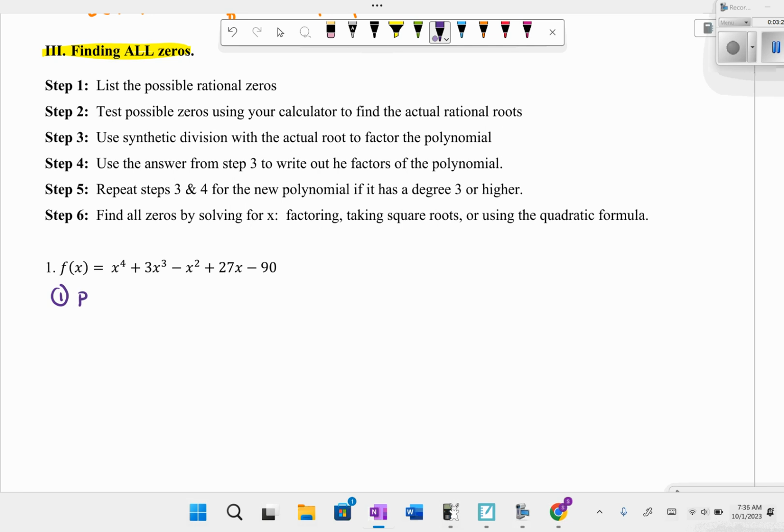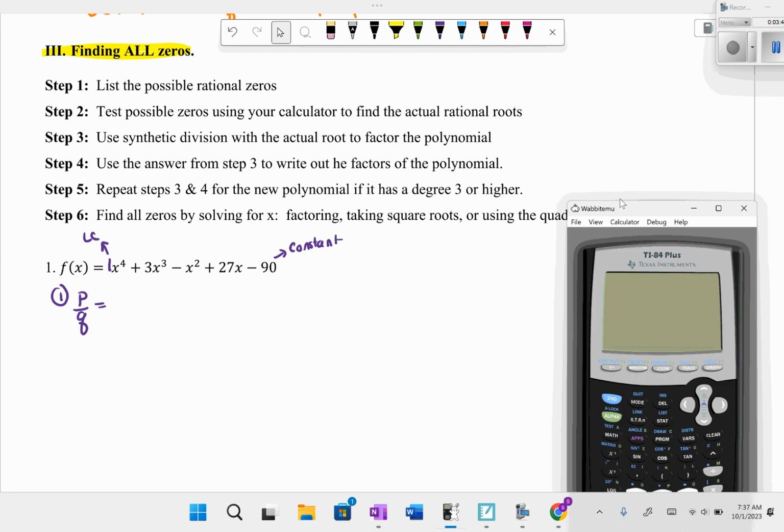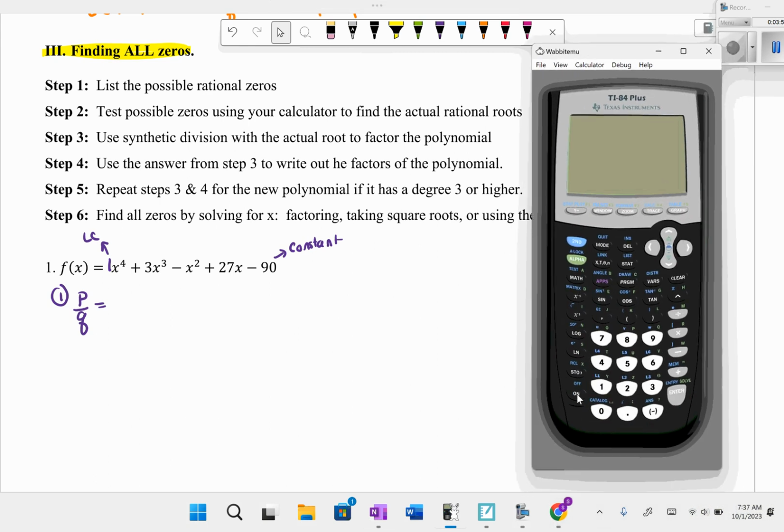So remember, we have factors of p over factors of q. So this is the constant. And this is our leading coefficient, which is just 1 if there's no number in front. So we want factors of 90 over factors of 1. And if you have a hard time with your factors, remember, you could always use your calculator to help.